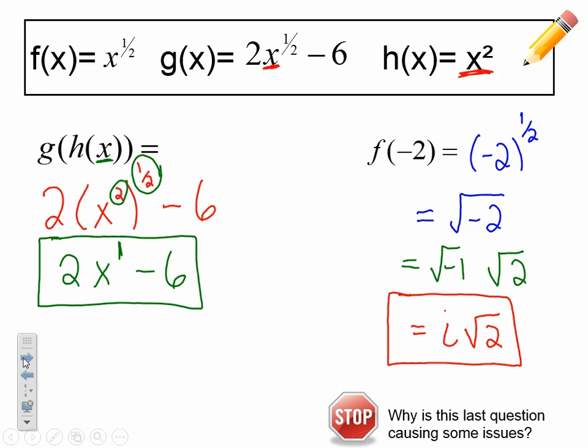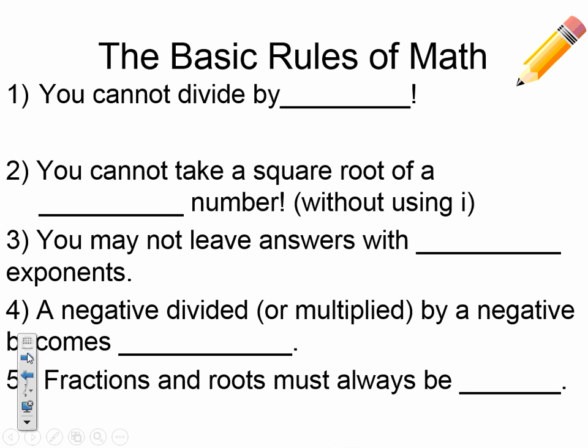All right, moving on. We're going to fill this in. So we can't divide. This is very, very important. We can never, ever divide by 0. So make sure you're filling this in, you guys. These are rules that we have to use. Now, we can't take the square root of a negative number unless we're using i like we did on the last one. Okay.